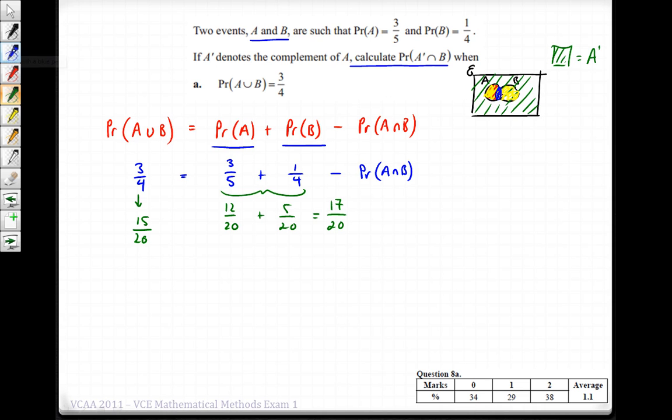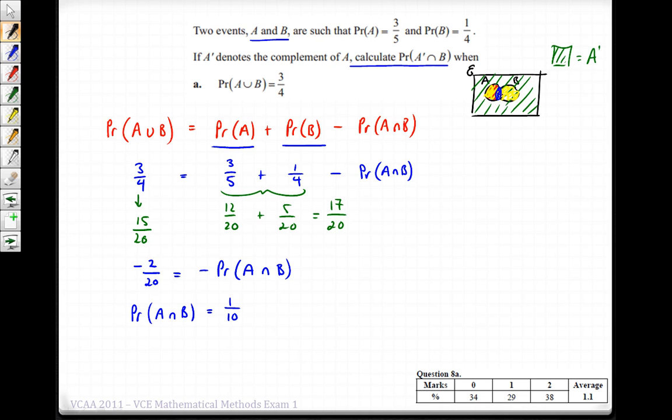So doing some basic maths, we subtract 17 on 20 from both sides and we get minus 2 on 20 equals negative the probability of A intersecting B. So let's just write that out a bit more nice. A intersecting B equals 1/10.